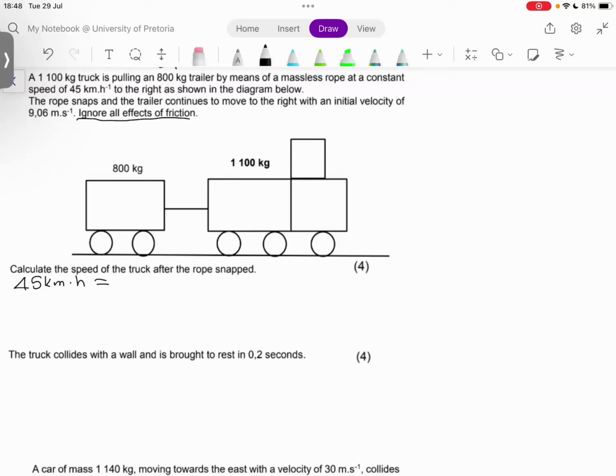Somebody asked if they said we should ignore the air friction, does that mean that the system is isolated? If it says ignore all effects of friction, in this case, it is an isolated system. Unless there is a stated loss of energy, then the system is isolated.